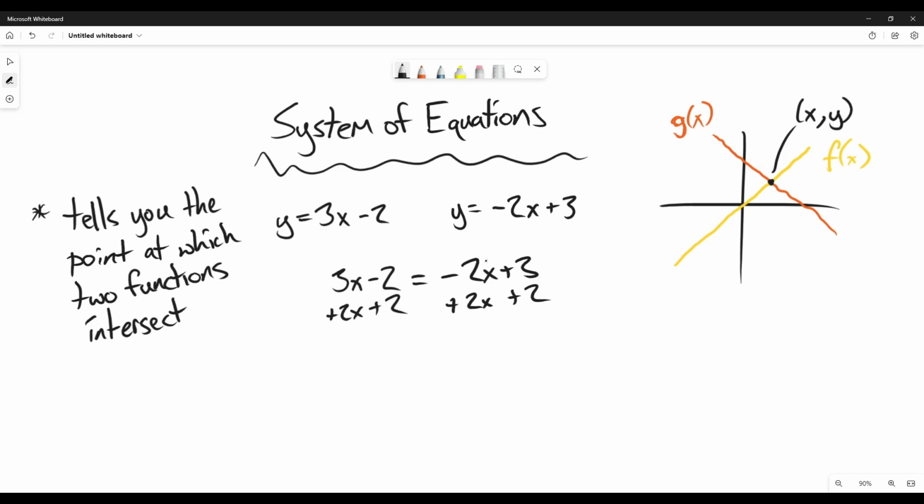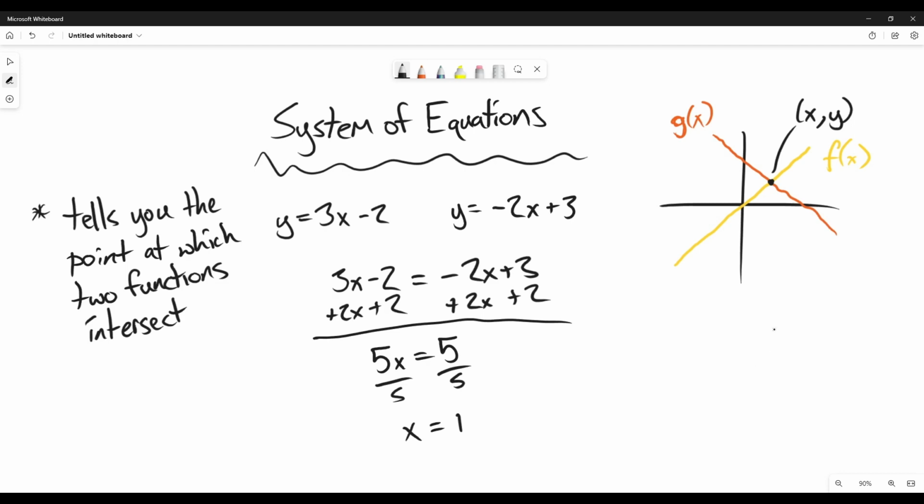I'm doing this all in one step, but you can always break it down, do the numbers first and then the variables. But it's also okay to do it like this, which leaves us with 5x equals 5, so you divide both sides by 5. x is equal to 1.